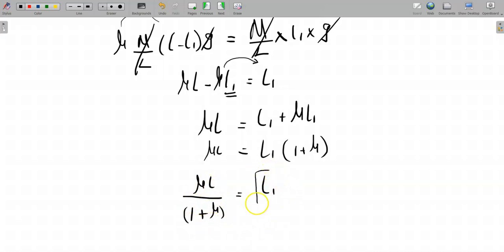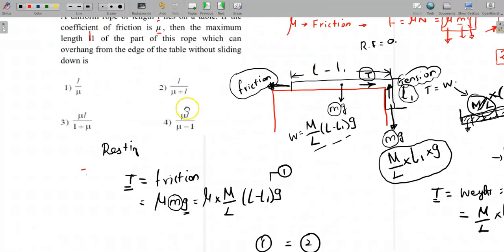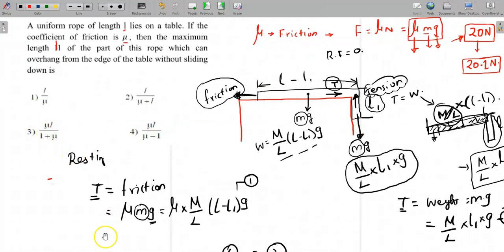It is the hanging length of the rope so that the rope does not slide down from the table. Mu L over 1 plus mu. Here is the answer. Thank you.